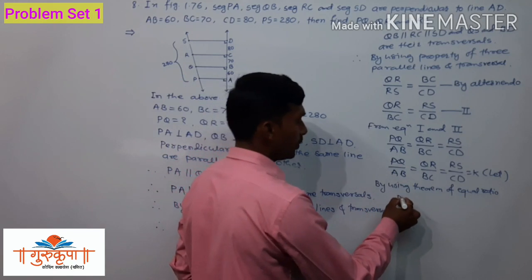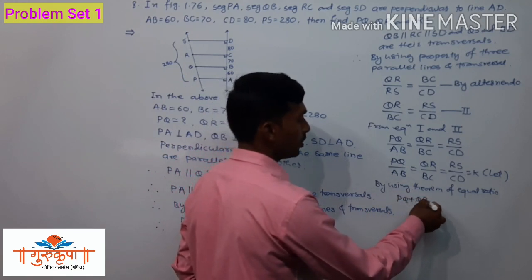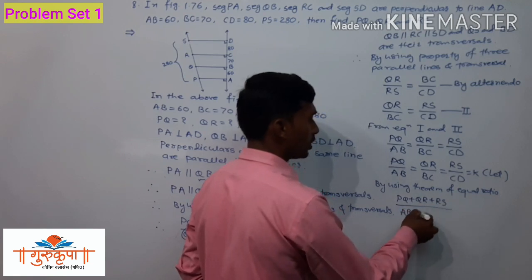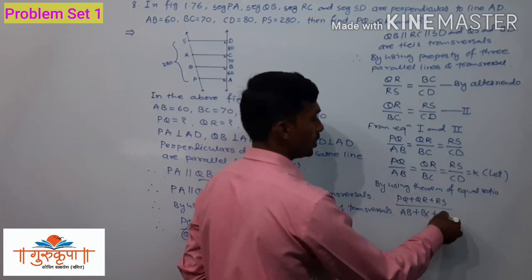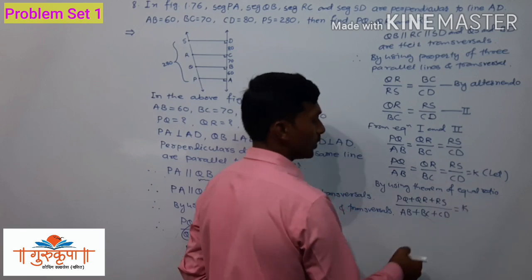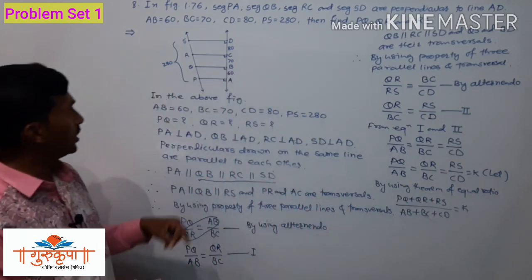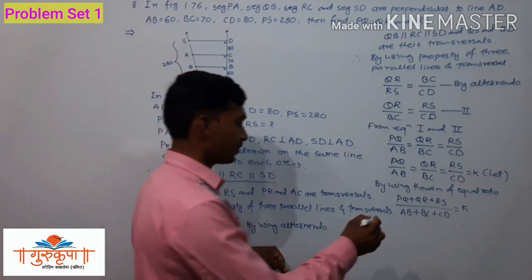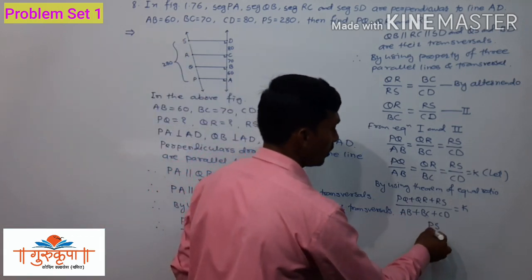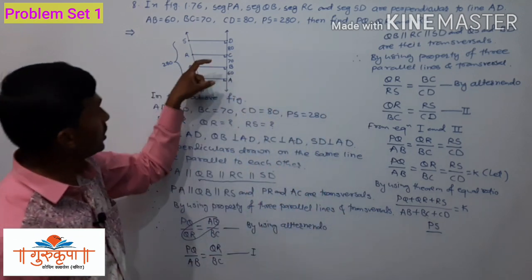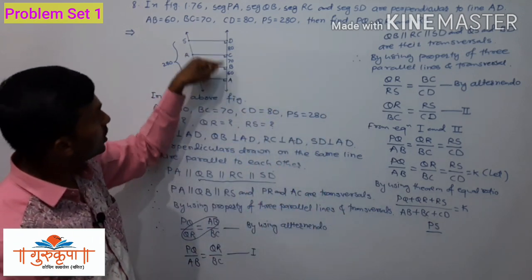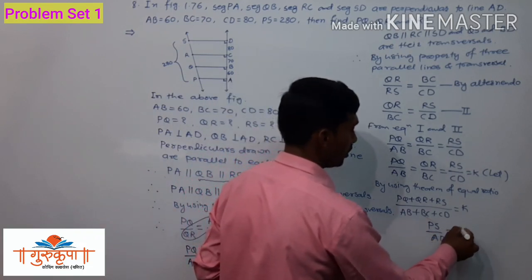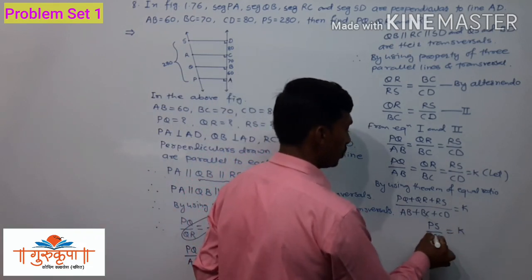So here we can write PQ plus QR plus RS upon AB plus BC plus CD is equal to K. Now PQ plus QR plus RS, that is PS, upon AB plus BC plus CD, that is AD, is equal to K. Now put the values there.